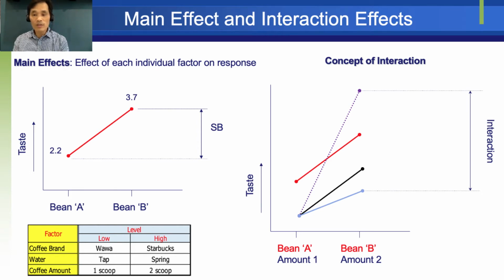When the slope of a line changes, we can say that there is an interaction effect. There is an interaction between coffee bean brand and the amount of coffee. Through experiments, we can tell not only the main effects of a factor, but also interactions between two factors. This is the beauty of using design of experiments.